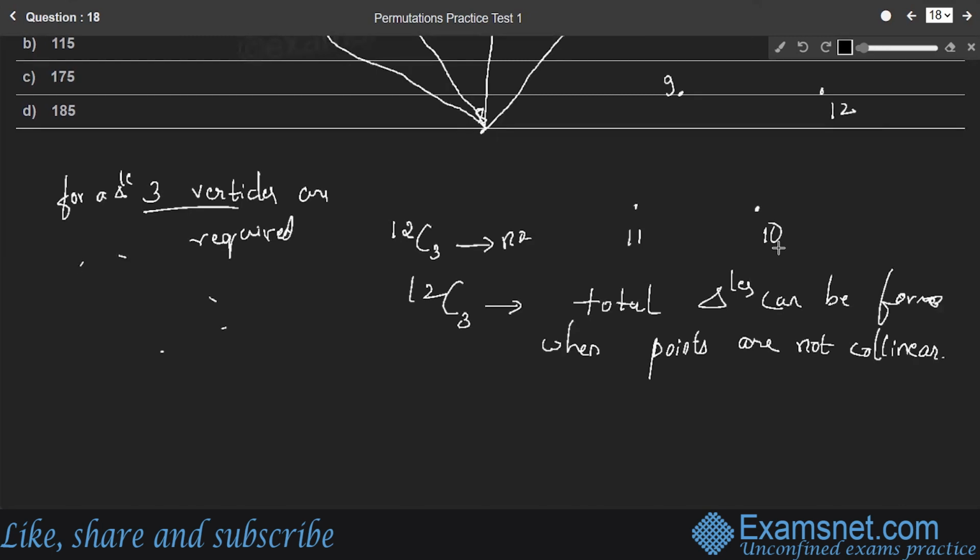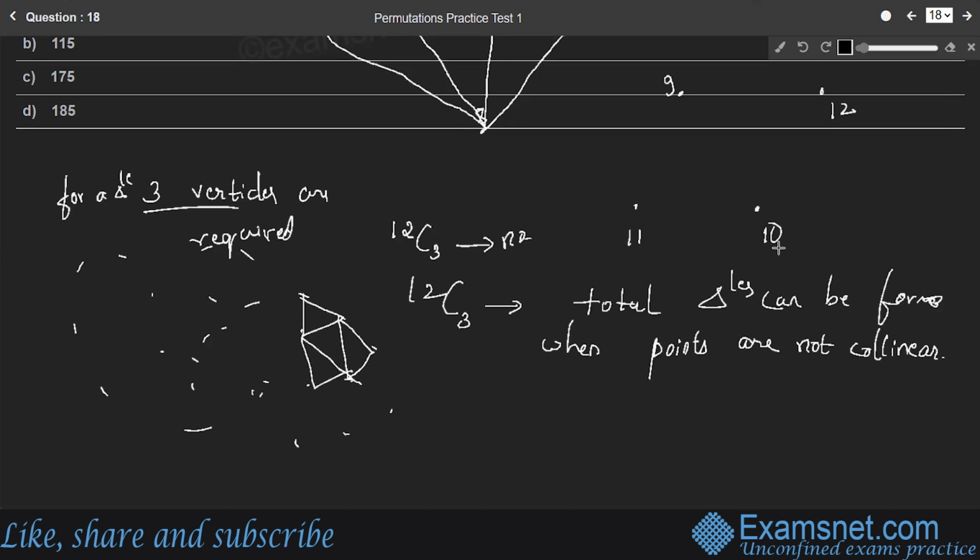So wherever you wish, if you draw some points, you can form this. If you take 12 points which are non-collinear, you can form 12C3 triangles using these points.